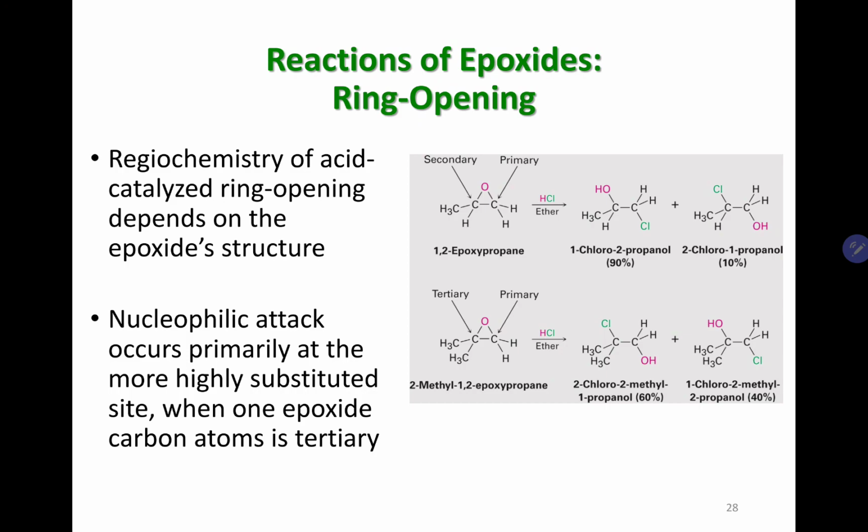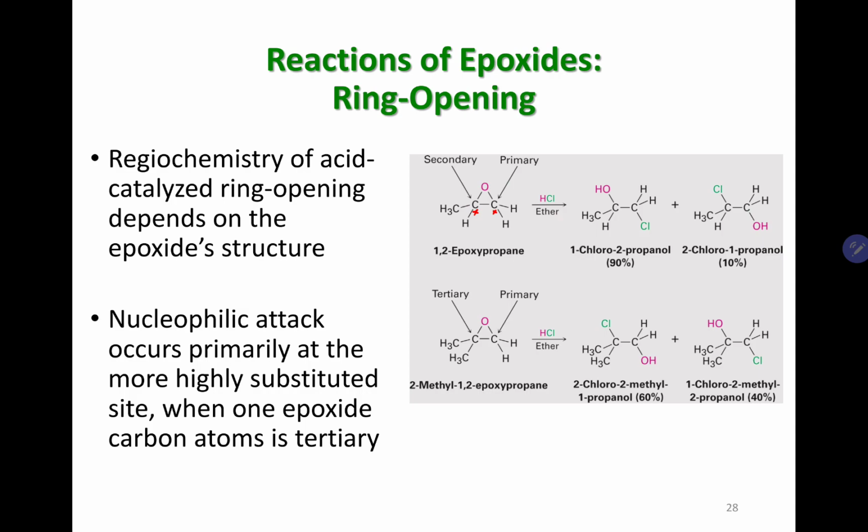So if you have an epoxide where you have a secondary carbon on one side and a primary carbon on the other side, then of course the incoming nucleophile, which is the halide, will attack the less crowded primary carbon.